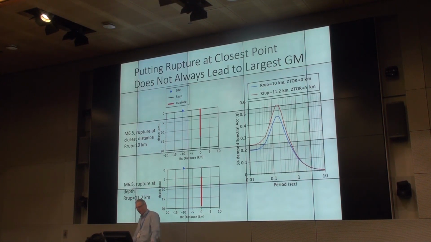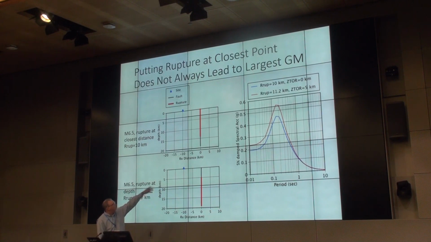All right, because now in this simple case, up here on the top, I have a vertical fault, and I'm going to put a magnitude 6.5 earthquake on there. If I put it all the way to the surface, the closest point to the site, and calculate the ground motions, that's the blue curve on the right-hand side.